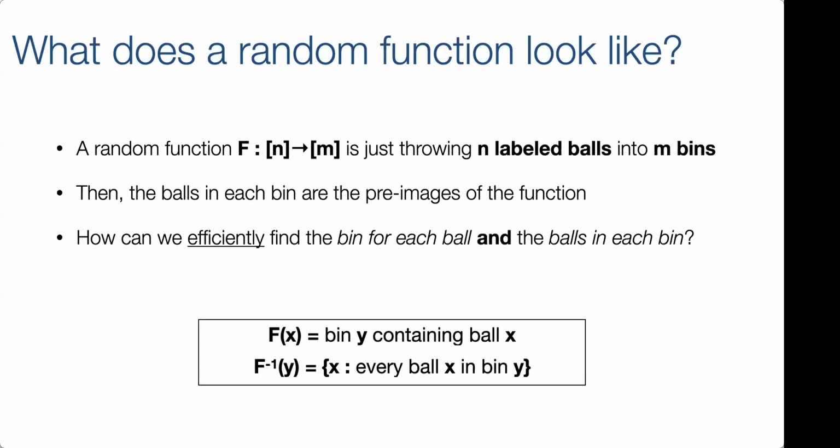So if I have labeled balls and I throw them into bins, then I can just think of the forward direction, f of x, as the bin y containing ball x. So if I ask you, hey, what bin did ball 7 land in? That is f of 7. Okay. And the F inverse is just enumerating all the balls in the specific bin. If we can efficiently find the bin for each ball and the ball for each bin, then we're going to be done. So that's the goal.